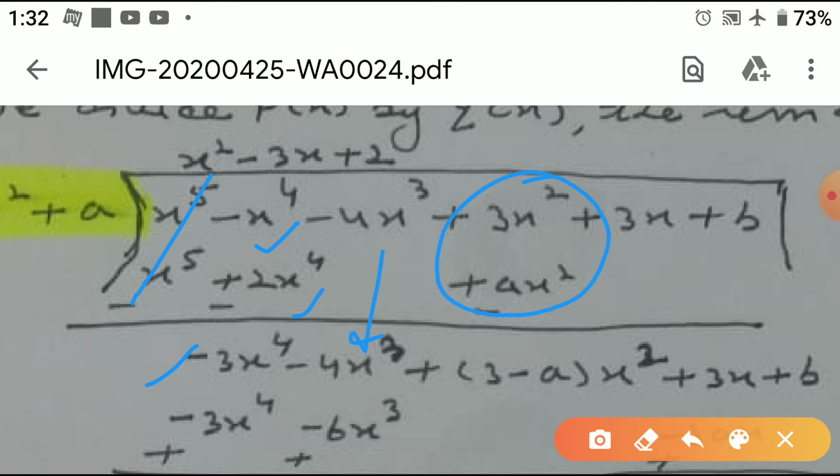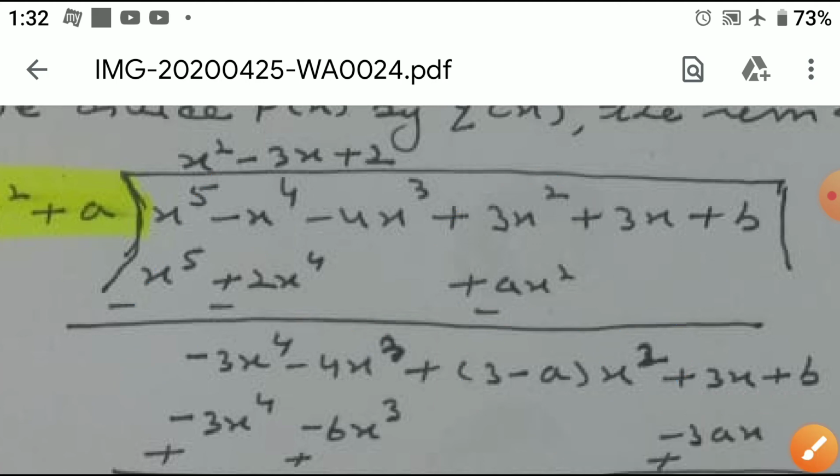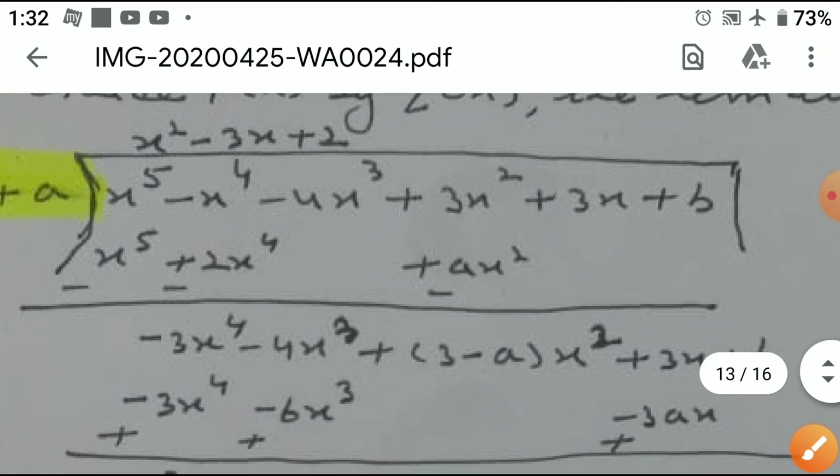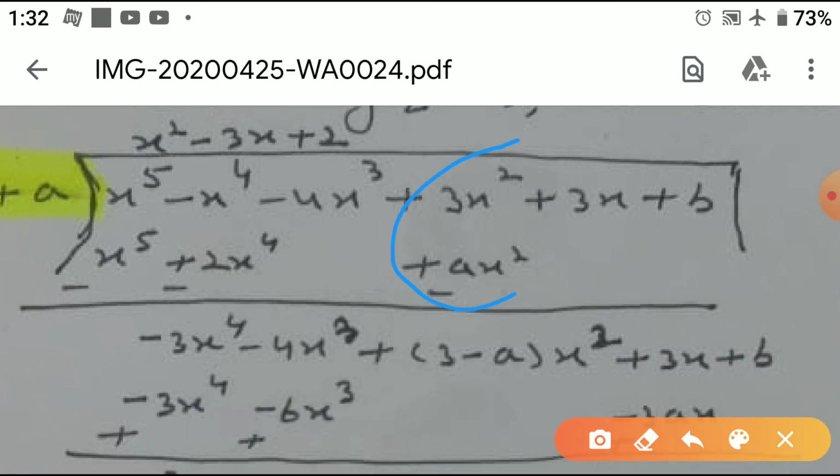Here 3x square and minus ax square. When you take x square common, we get 3 minus a in the bracket. This is an important step. Clear? Means this is converted into this one, right? And these two, 3x and b, we write as it is. Clear? This is the important step of this question.